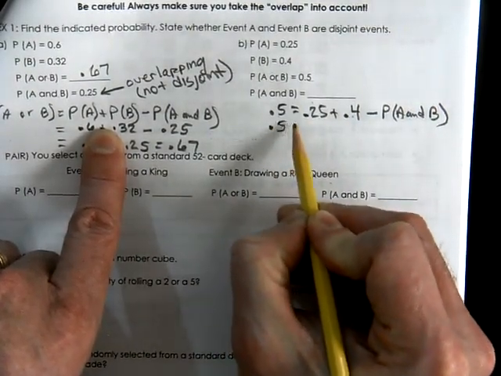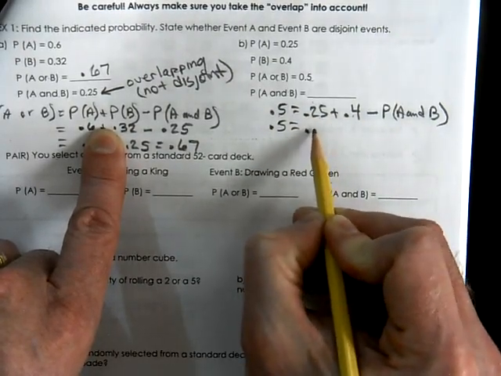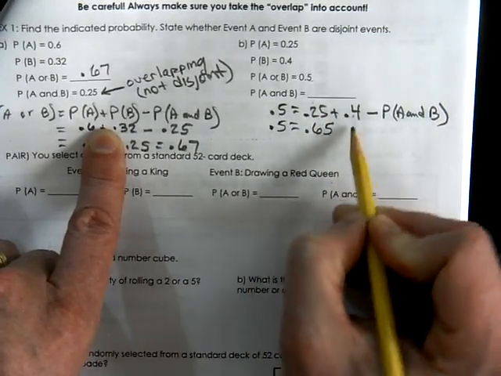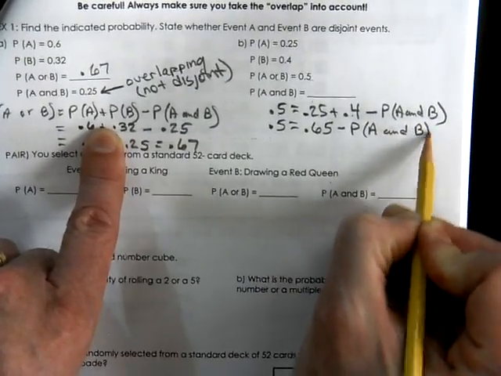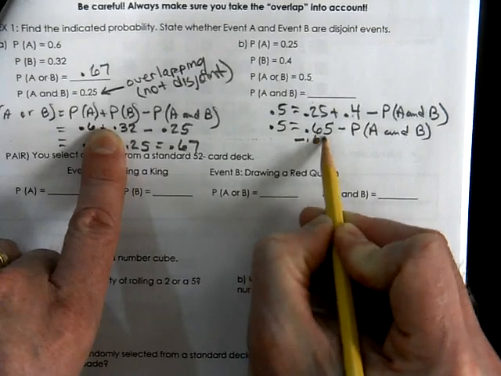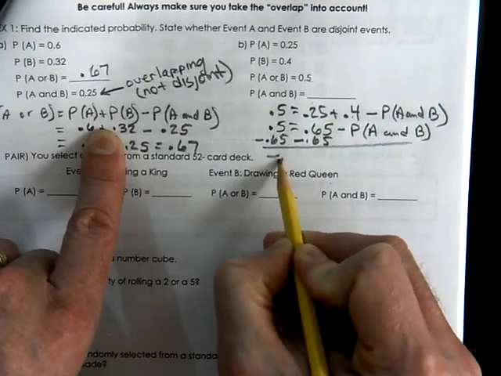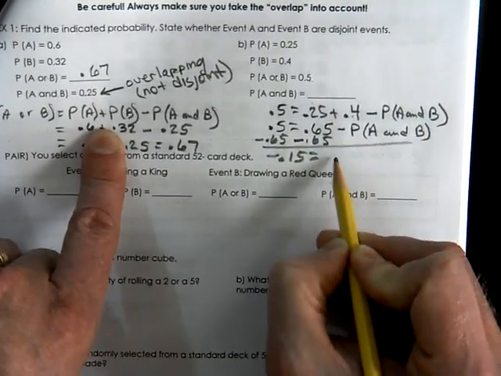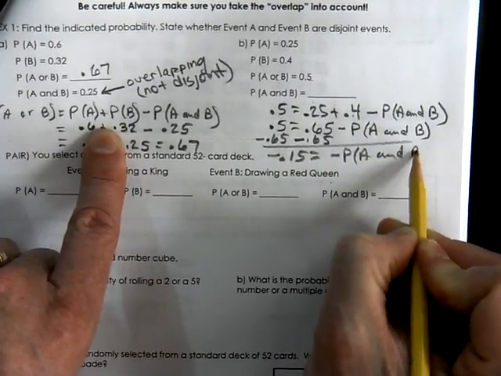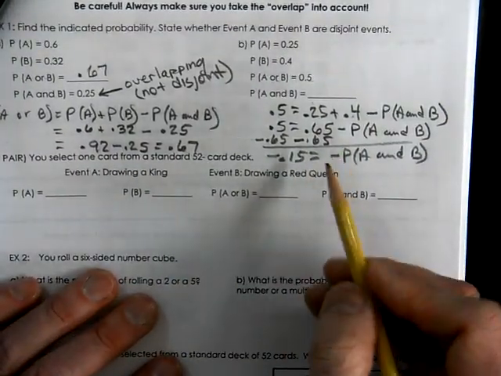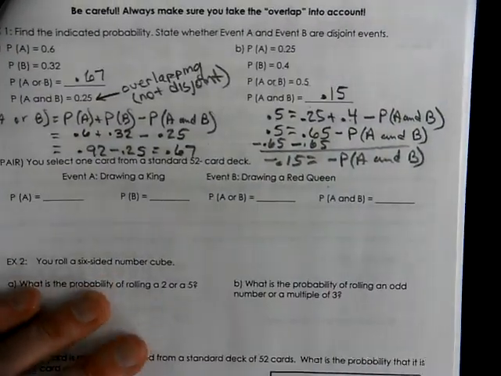So we get 0.5. We add these two together. 0.2 and 0.4 is 0.6. Then there's a 5 minus the probability of A and B. Subtract 0.65. And that gives us negative 0.15 to be equal to negative the probability of A and B. So by dividing by your negative, you see that your overlap is 15% of the time.